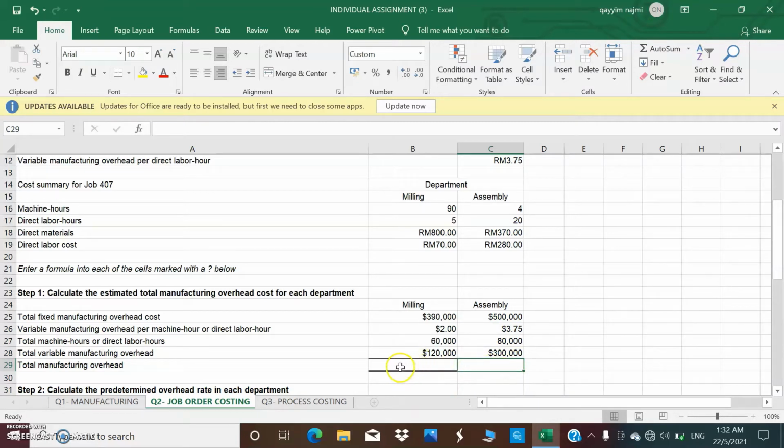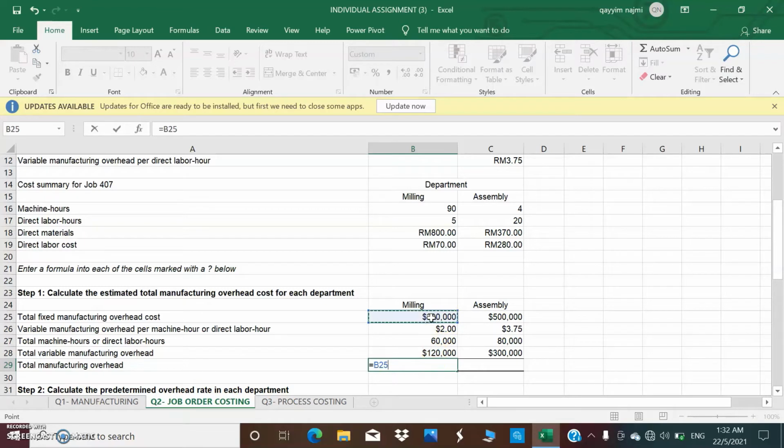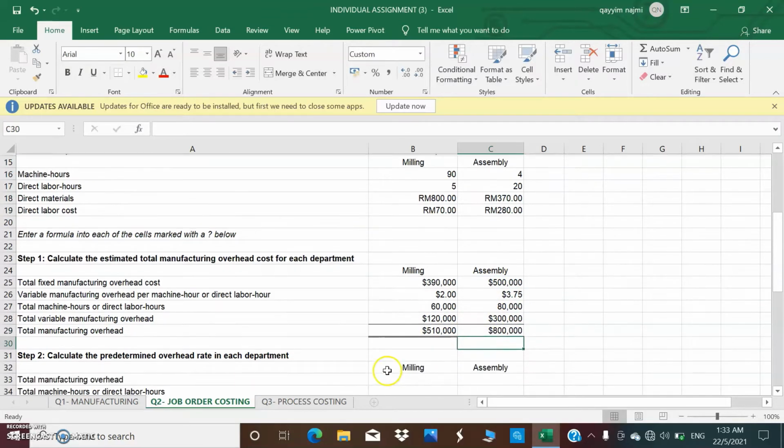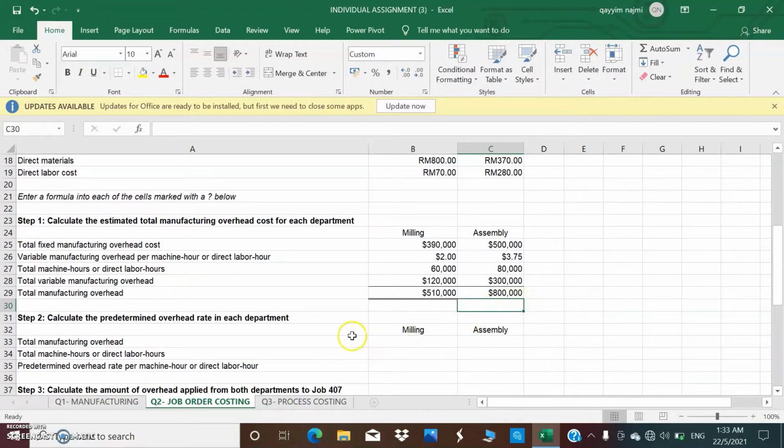The total manufacturing overhead has two parts, fixed and variable. For milling, the fixed is 390,000 plus the variable 120,000, which gives 510,000. Also for assembly, fixed 500,000 plus variable 300,000 gives 800,000.